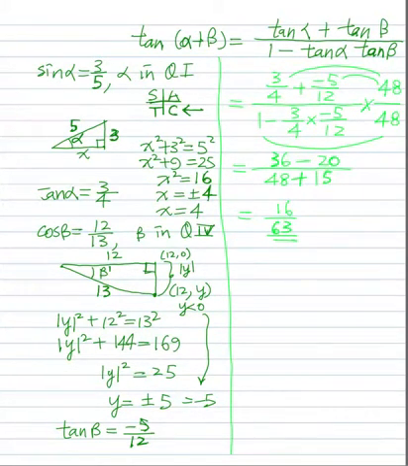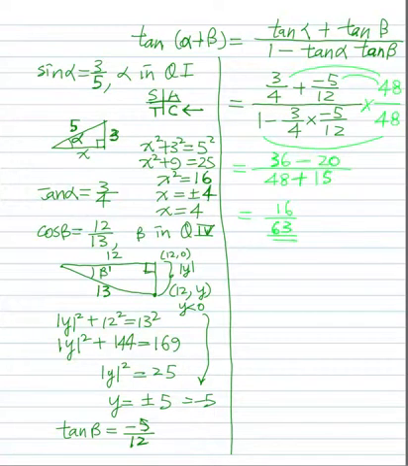We substitute tangent of alpha and tangent of beta into tangent of alpha plus beta equals, in the numerator, 3/4 plus negative 5 over 12. In the denominator, we have 1 minus 3/4 times negative 5 over 12.